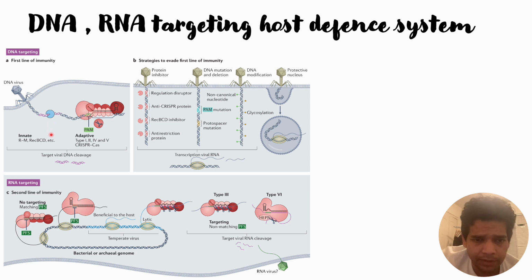This is done by different kinds of Cas proteins that are categorized into different types, such as type 1, type 2, type 4, type 5. However, with time, viruses have evolved and tried to evade this first line of immune response of the bacteria.